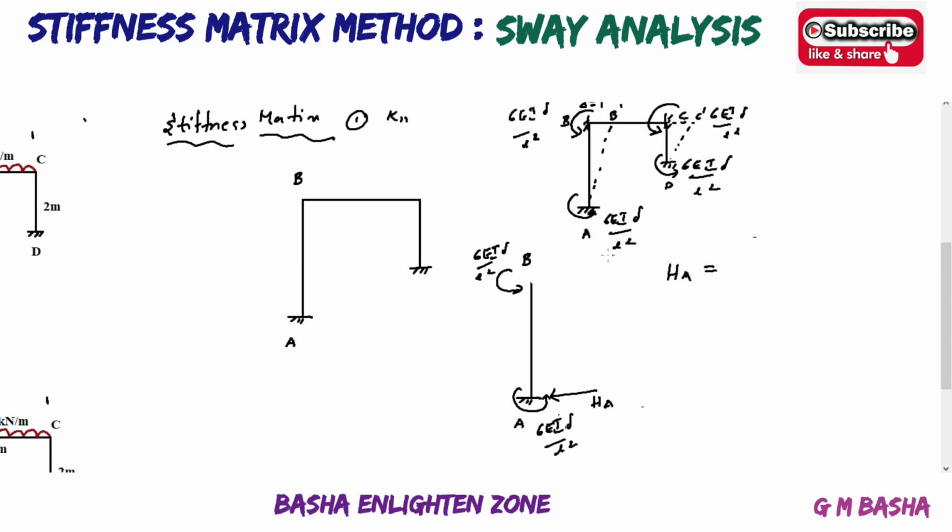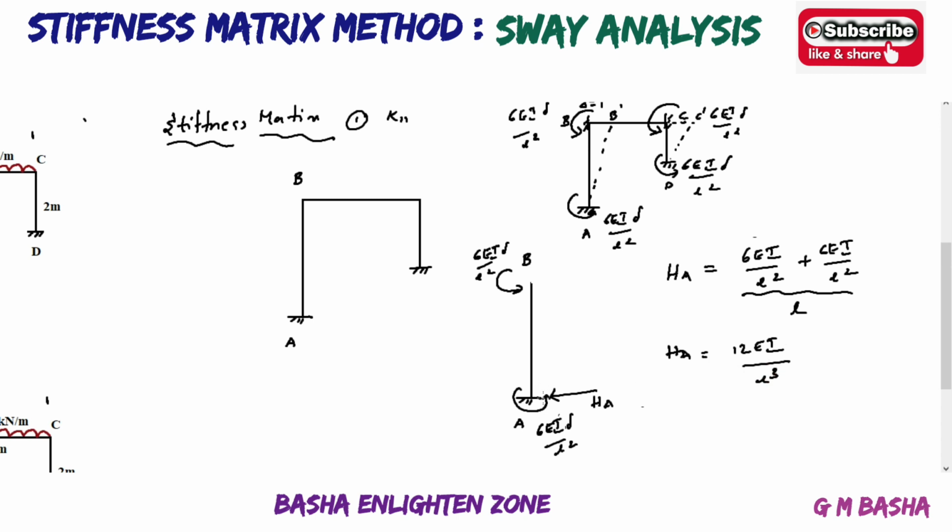What is the sum of the moments here? 6EI by L square plus 6EI by L square, again divided by the length of the column. So HA will be equal to 6 plus 6, 12 EI by L square, into 1 by L, which is L cube. See here, your HA will be equal to 12EI by L cube.